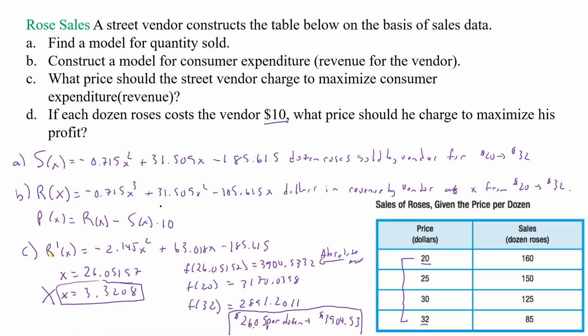So it'd be a minus, a minus, a minus. So it's going to be plus 7.515x squared, and then it's going to be a minus 10 times that, so it's going to be a minus 315.09x, and then it's going to be a minus times a minus, so it's going to be a plus 185.615.